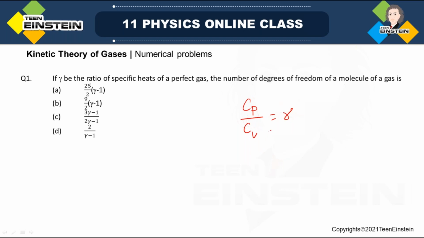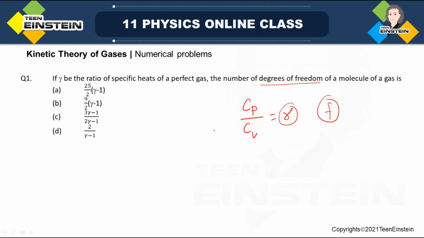So you have to find out this gamma in terms of degrees of freedom. You have to find out a relationship between gamma and degrees of freedom F. Actually, you have to find out the number of degrees of freedom of a molecule if the ratio of specific heats gamma is given.